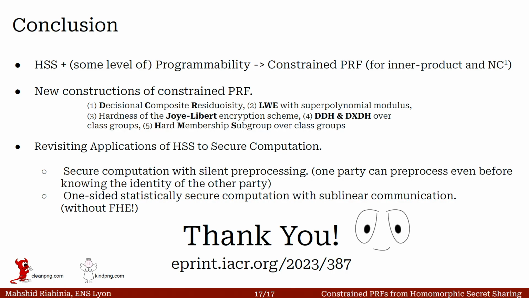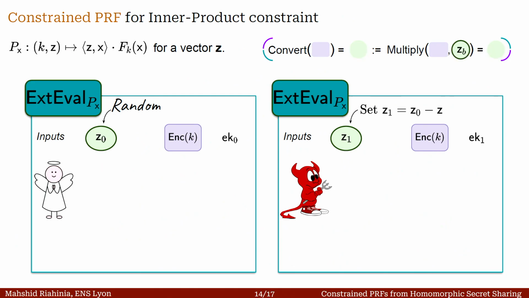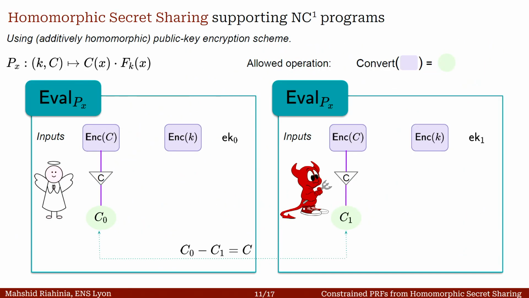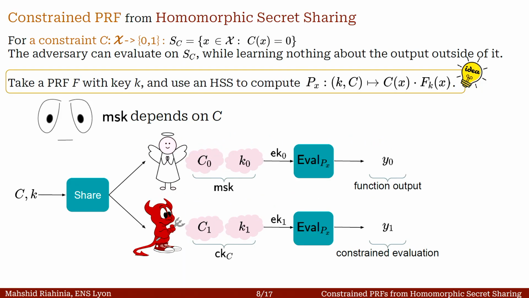Thanks. So I have one question that I was a little confused over on the setup. For a constrained PRF, you want to be able to evaluate on several different X's, right? Yeah. But it seemed to me that, going back to your very beginning slides, wasn't X already plugged in and hardwired? Oh, no. So here, for instance, the program P is parameterized by X. So when you run the evaluation algorithm of the homomorphic secret sharing, you can give as input the X that you want.